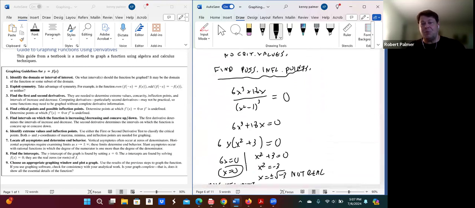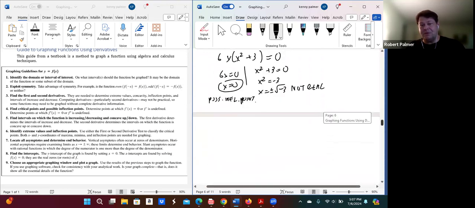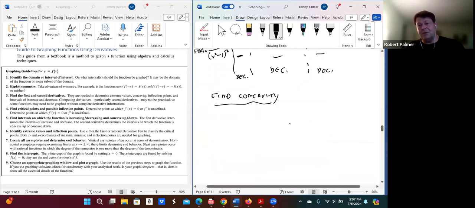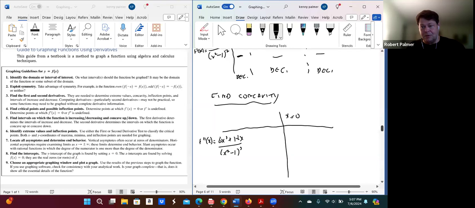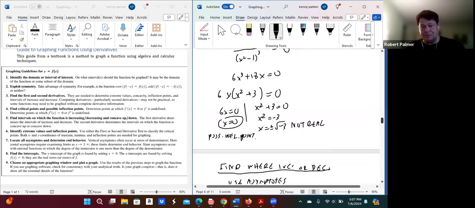We have a possible inflection point at x equals 0. f double prime of x equals 6x cubed plus 18x over x squared minus 1 quantity cubed. Once again, make sure that's right.